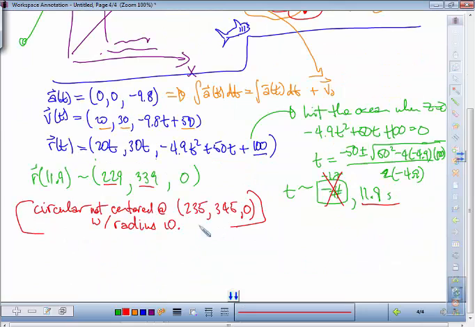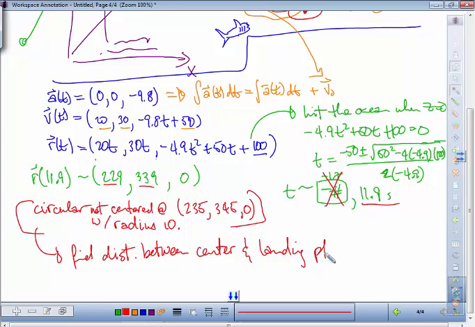So you can find the distance between the center and your landing point to see if it's bigger than or less than the radius. Then you compare it to the radius, and that'll tell you whether you're within the boundary of the net or outside of it.